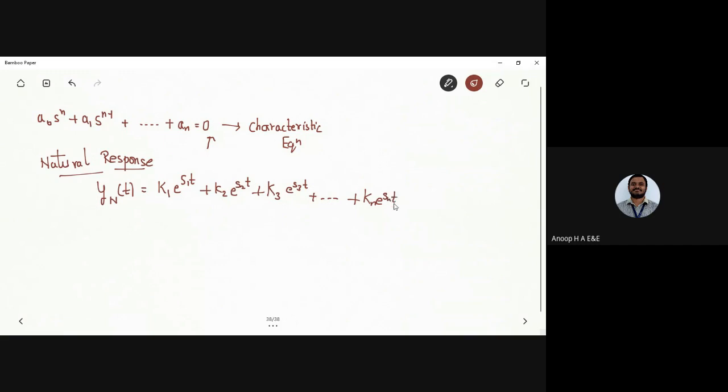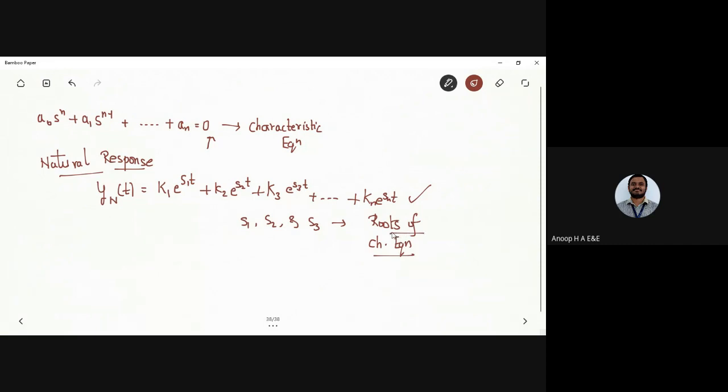Got it? So this is the natural response of the system. S1, S2 and S3 are generally called the roots of the characteristic equation.